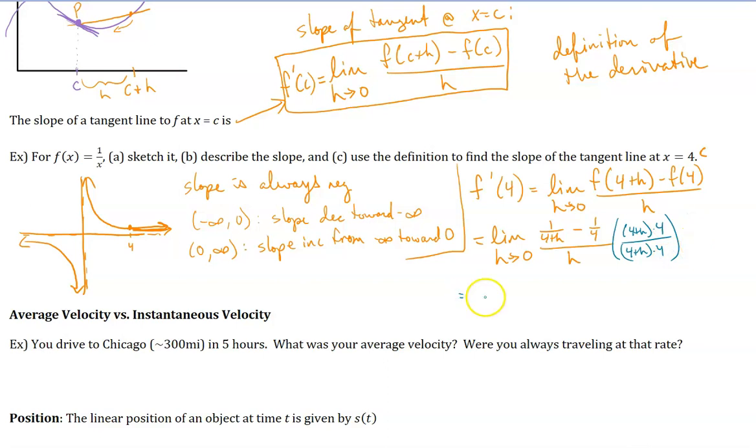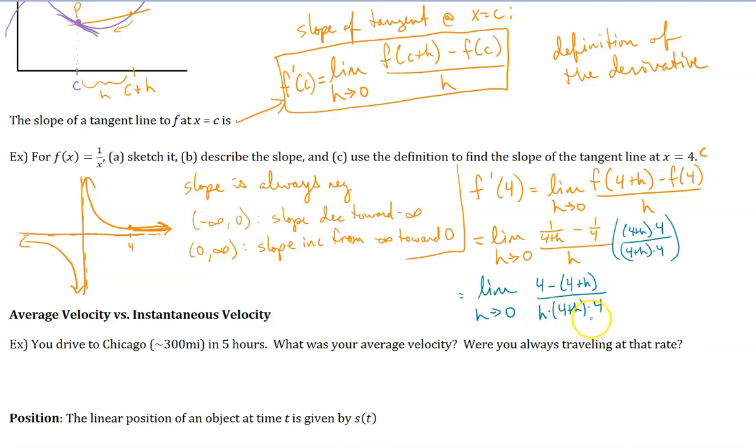Okay, which will give me the limit as h approaches 0 of, okay, distributing this to this, the 4 plus h's cancel out, so I have 4 minus, and then 1/4 times this, the 4's cancel out, be very careful here. You need to keep this negative. So we can put 4 plus h in parentheses and then keep the subtraction in front. Or you could distribute and have 4 minus 4 minus h, but that sign's going to make a difference, okay? Over, nothing to cancel here, so we have h times 4 plus h times 4.